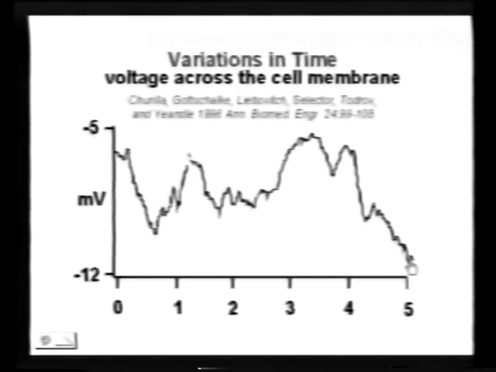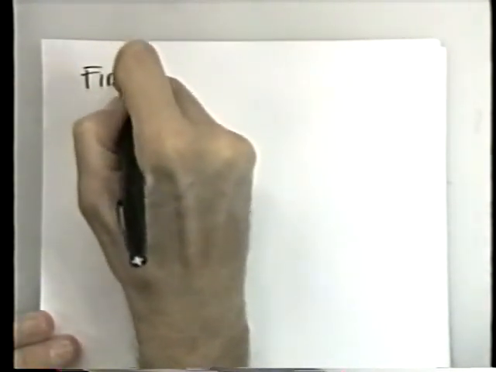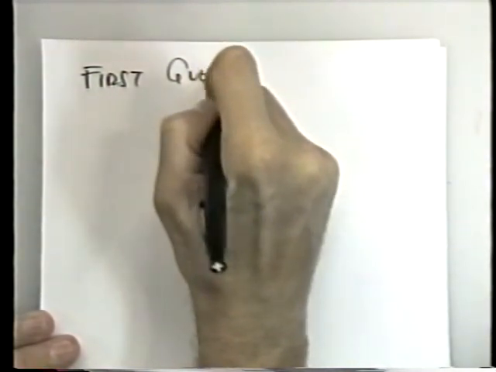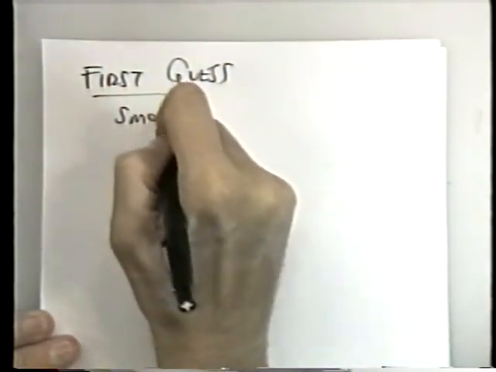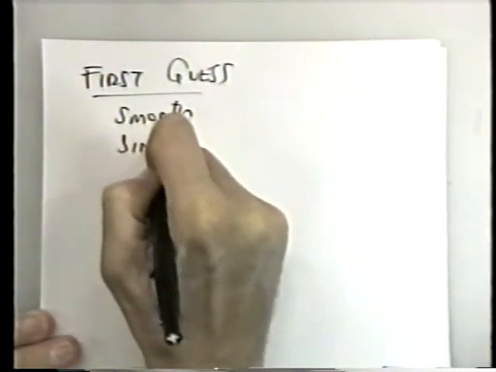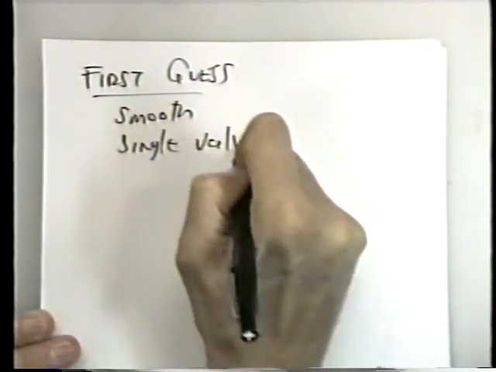I should say, in general, people have always assumed, as a first guess for something, and let me do this on the Elmo, because I think this is an important point. It's a point I make in the other class, and let me make it here, that people always assumed that the first guess for something was that it was smooth, or it had a single value for a measurement.